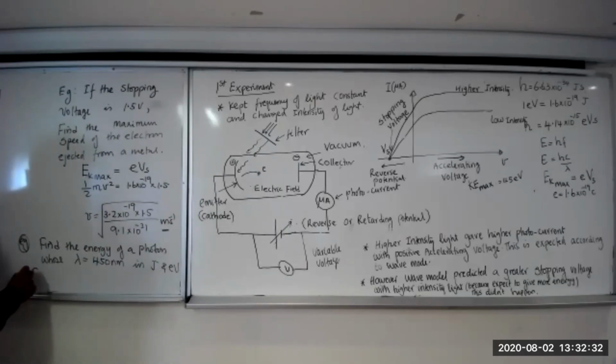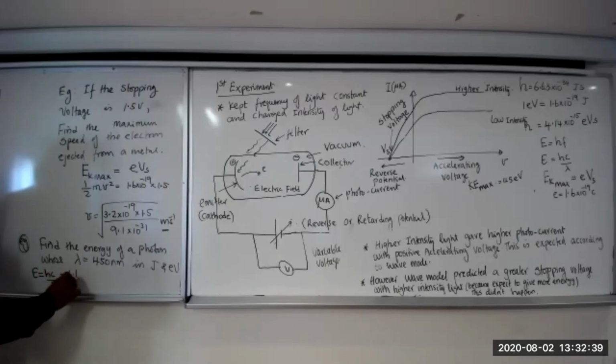So to find the energy, you can use E equals hc on lambda. For joules, you can use 6.63 times 10 to the negative 34.